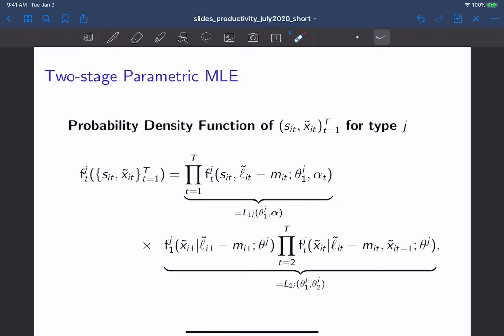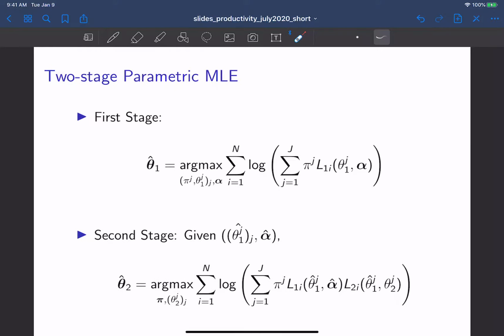So the idea is that we're going to estimate the subset of the parameters using the relatively simple likelihood, and then given those first stage estimates, fixing them, we're going to do the second stage for the remaining subset of the parameters.